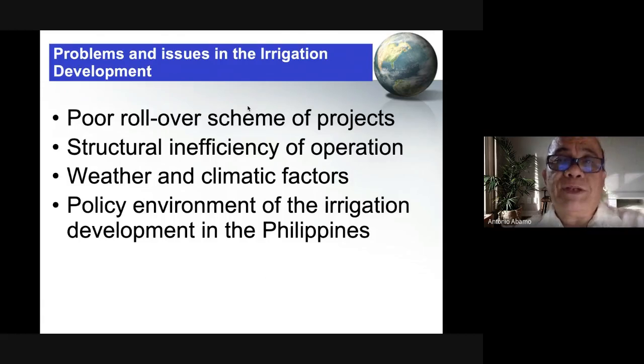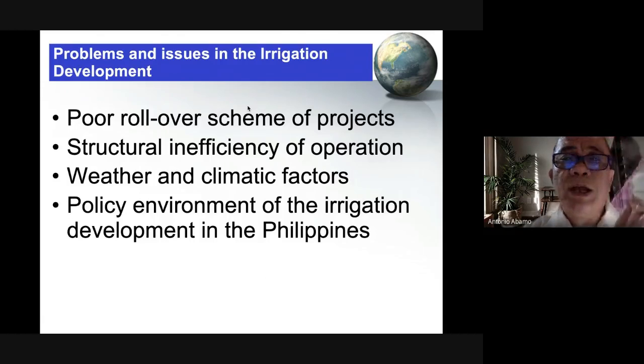But that still remains to be seen because the free irrigation was just implemented in 2017. So it remains to be seen how the free irrigation policy would impact on improving production or productivity in agriculture. The structural inefficiency also is one issue.